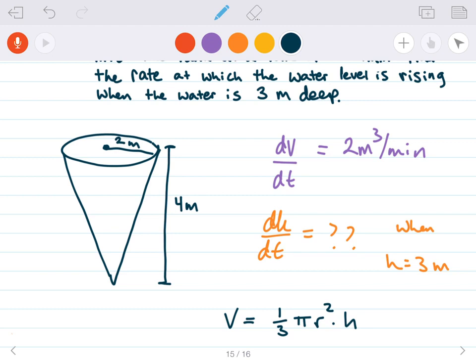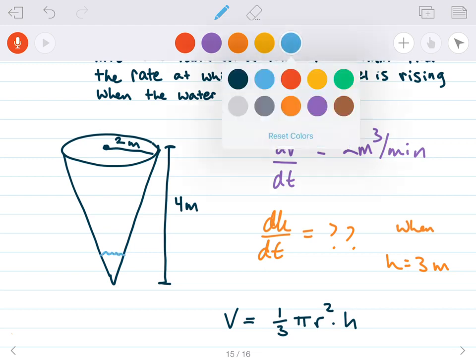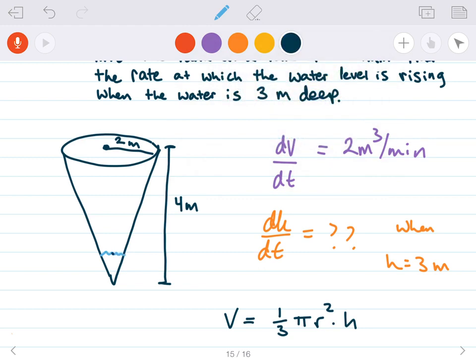Now, this problem takes a little bit more creativity. And the reason is because when the water rises in this cone, let's say the water is here. Well, the radius, the distance from the center to the edge, is a lot smaller than that radius up there, right?